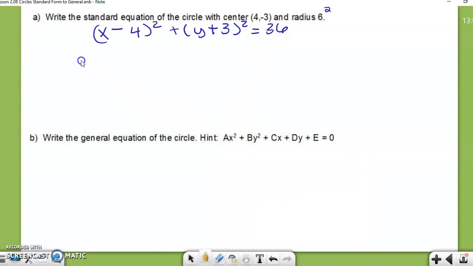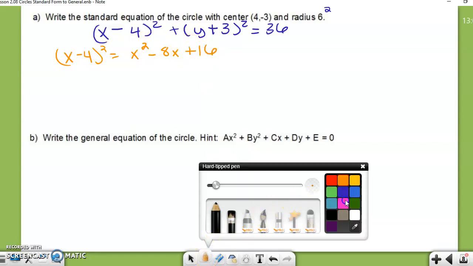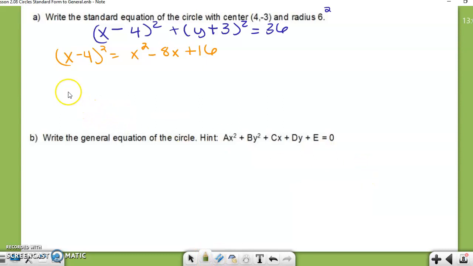That's our next step. x minus 4 squared equals x squared, double -4 is -8x, and then square -4 times -4 is plus 16. And let's do it again with the y plus 3. Double and then square it.